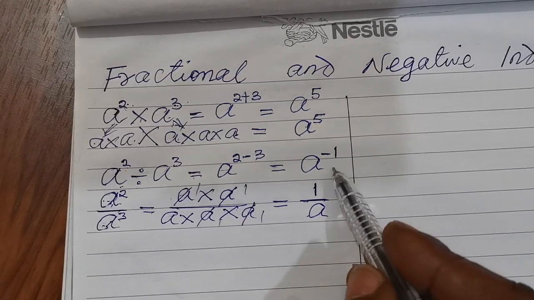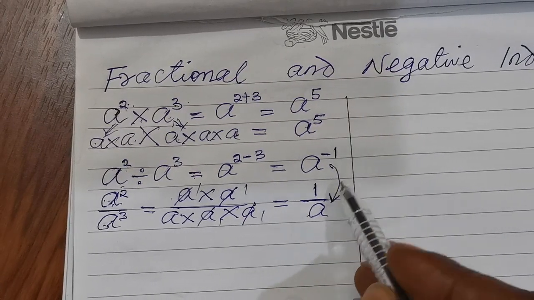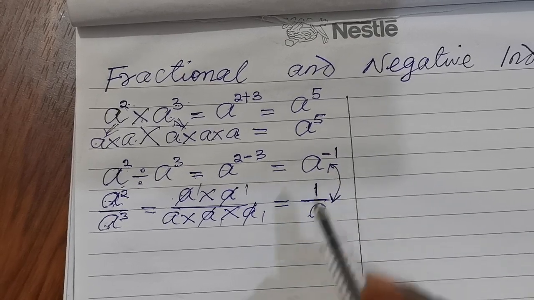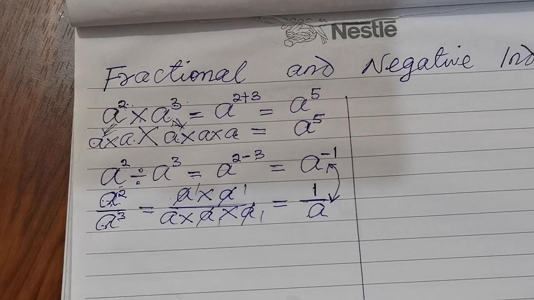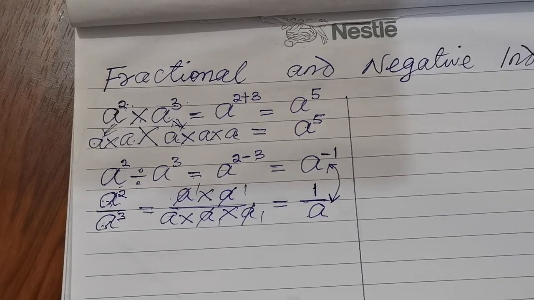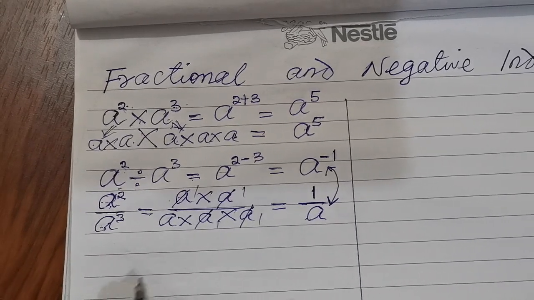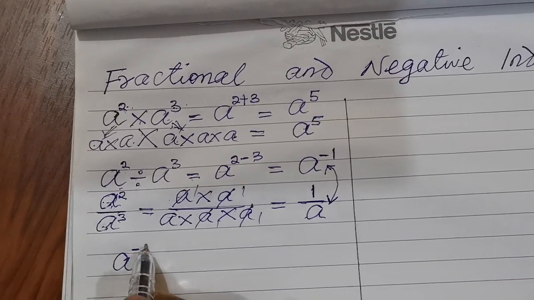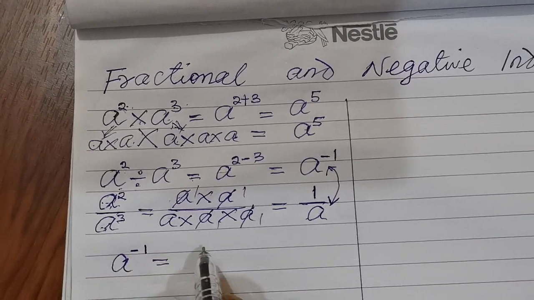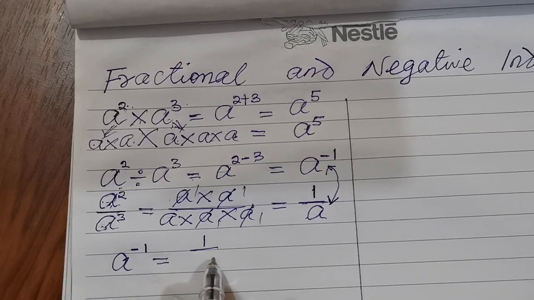When you look at this 2, which is the negative power, you find out that both of them are the same. So what we are saying in general is, if we have a raised to power minus 1, this simply means 1 over a.